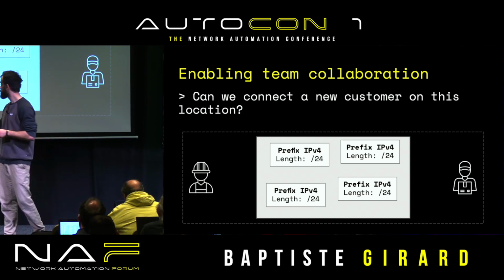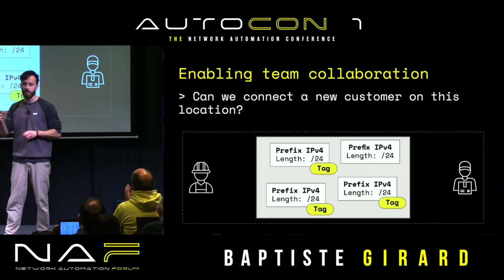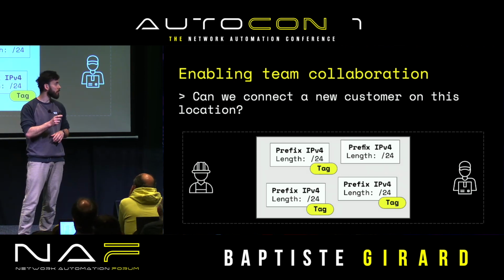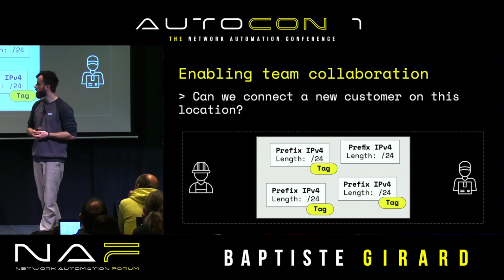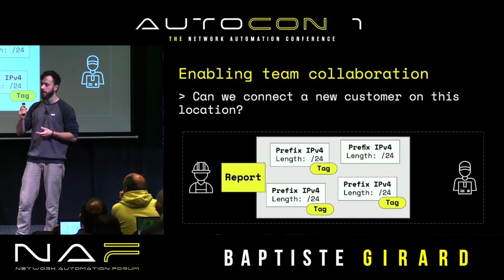There we just introduced a simple tag that the infrastructure team applies on those containers that can connect customers. Then we leverage this tag with our reporting stack to get the per-site utilization of those containers.